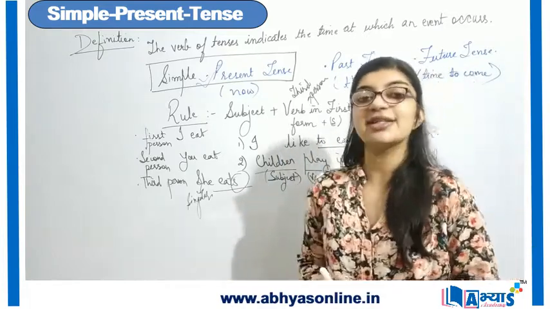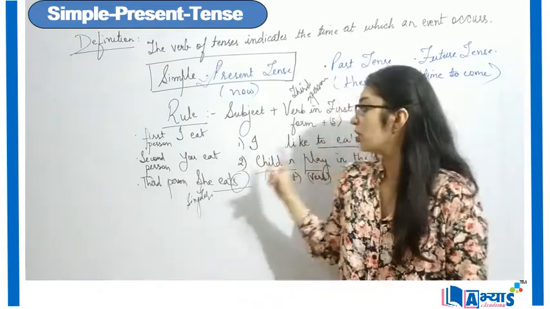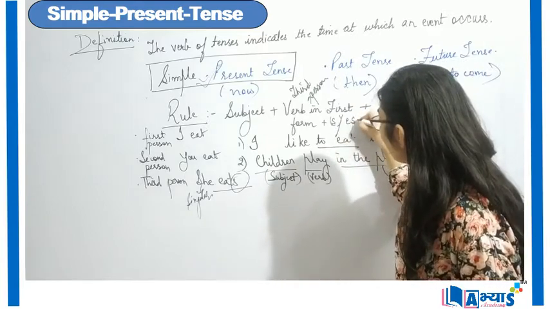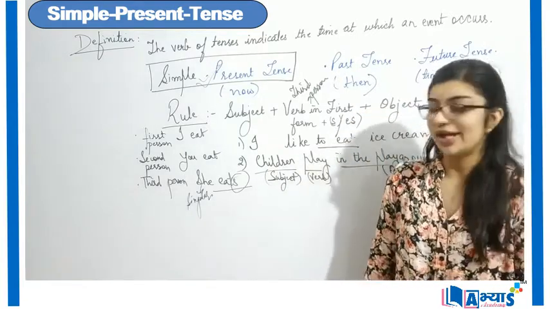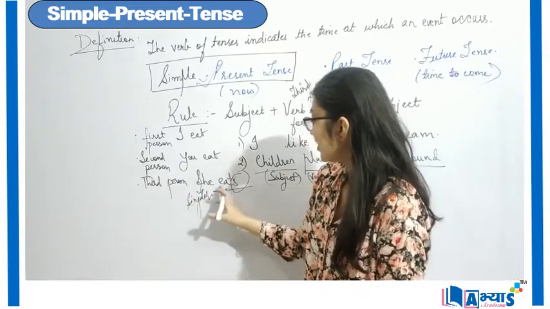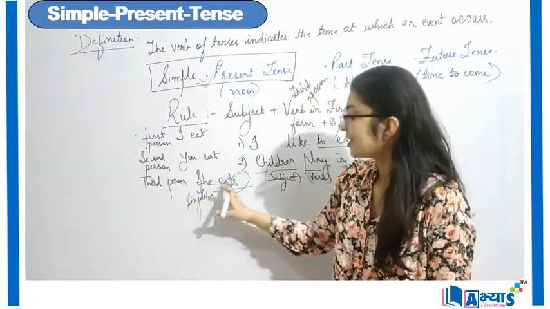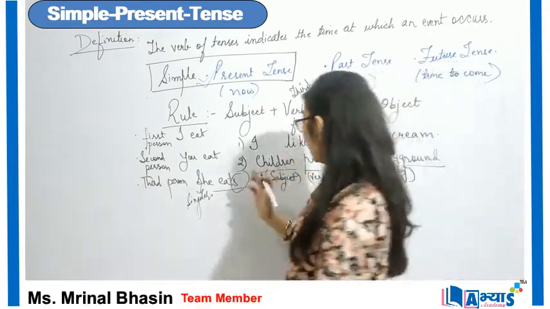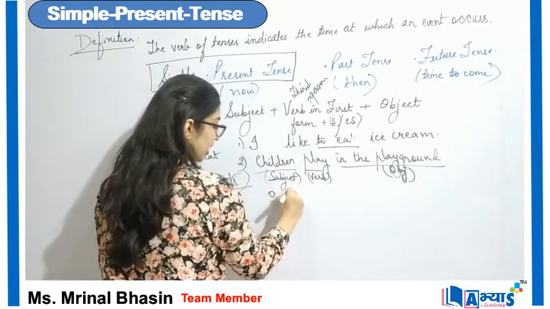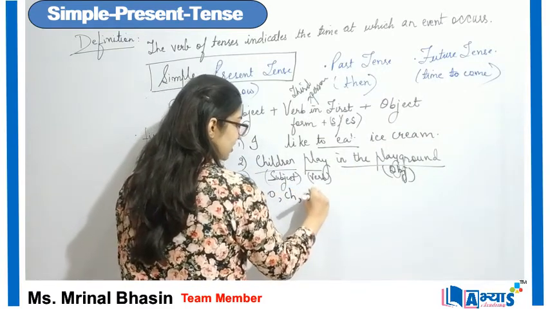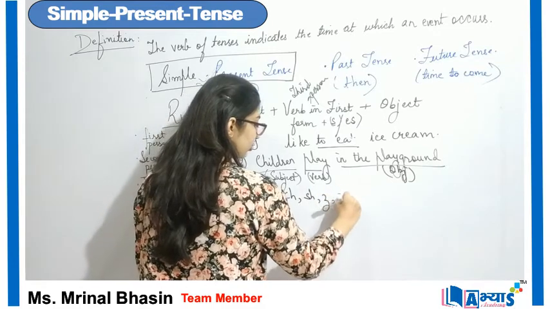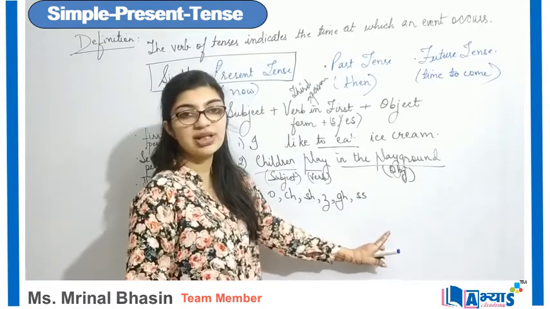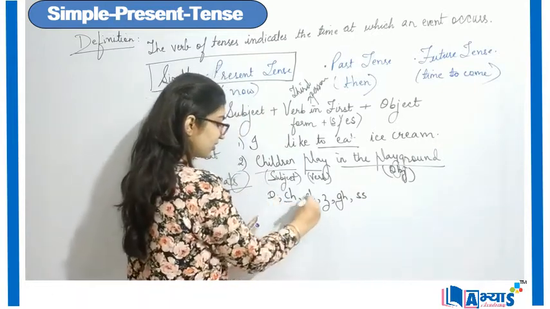But there are certain conditions in which we do not make use of the letter s, but we make use of es. Right? Like over here I say eat, here it is eats. But for certain words which end with o, ch, sh, z, gh, ss, all these words, all these letters, right?